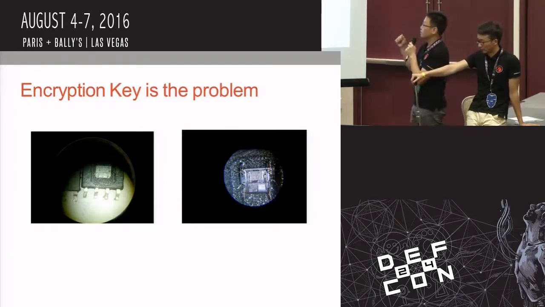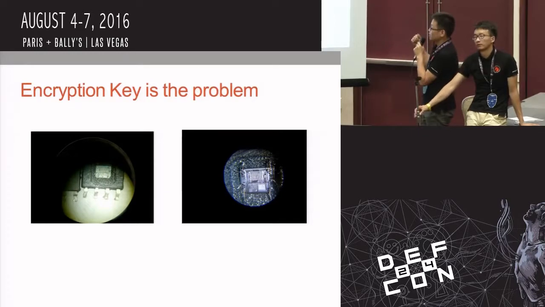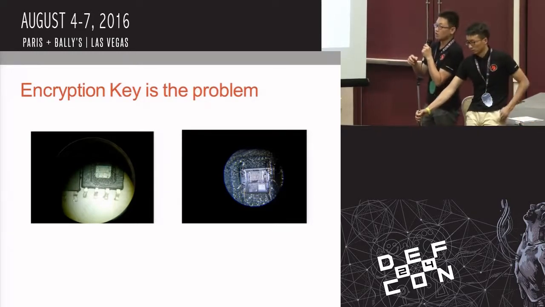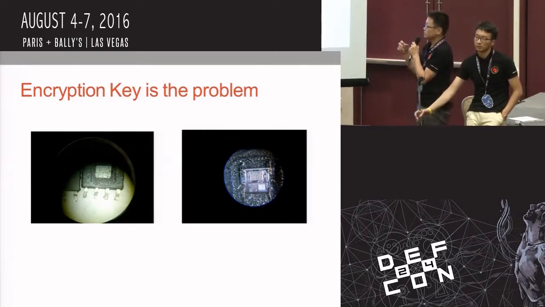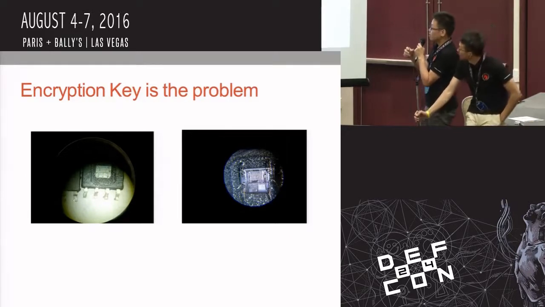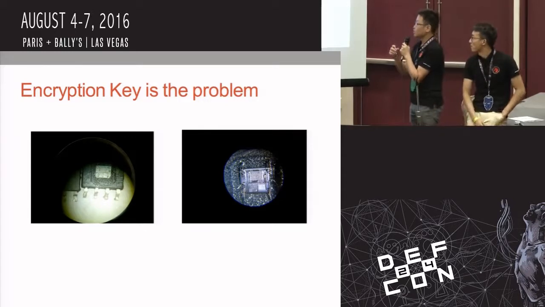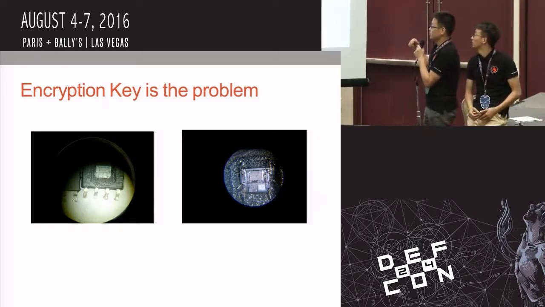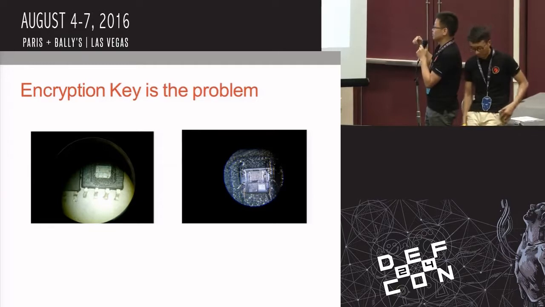One is in the key fob, which has the encryption key and the manufacturer code, and the other is the car, which has the manufacturer's code. But decoding the chip in the key fob, I think, is too hard.